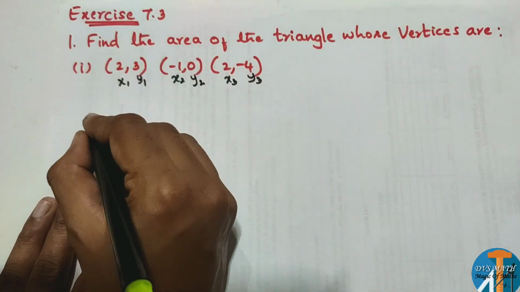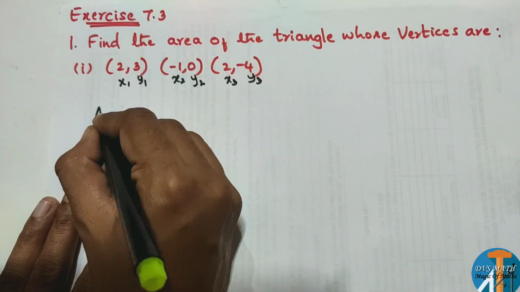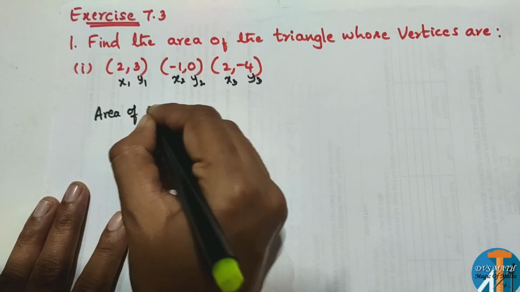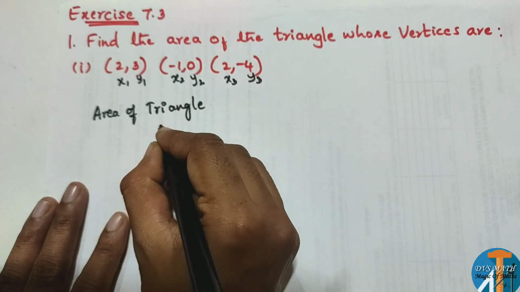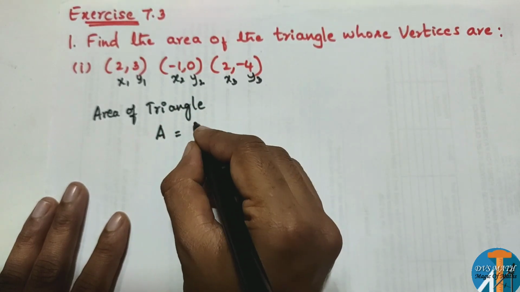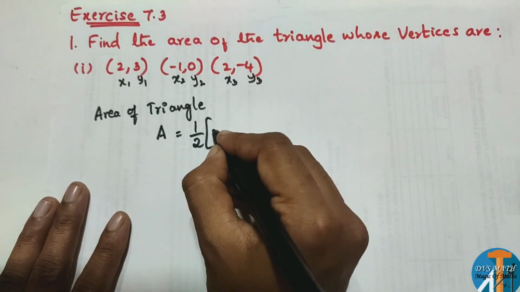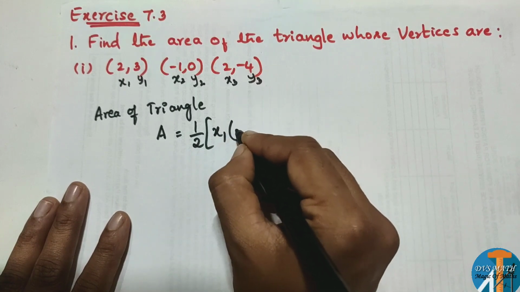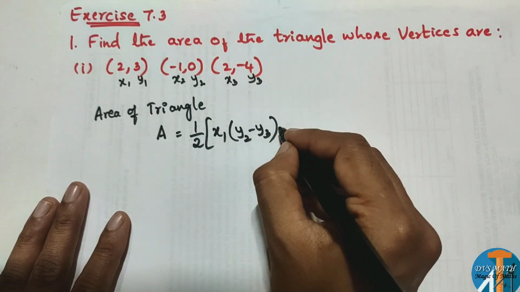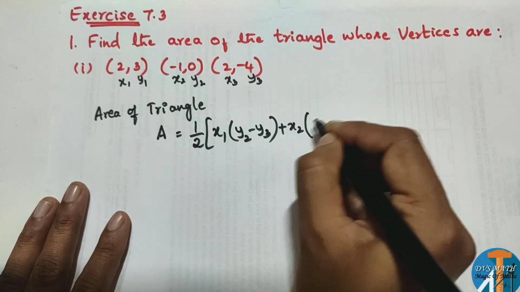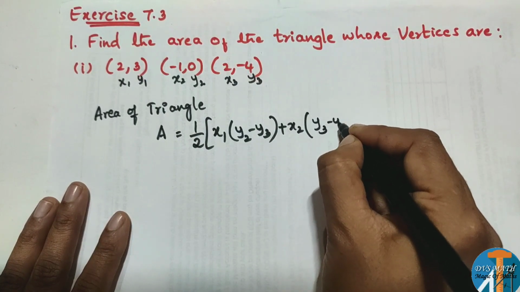Now the area of triangle formula. A is equal to, write the formula first, half. What you have to write first: x1, into y after 1, that is 2 minus 3. Again plus x2, after 2 you have to consider 3 minus 1.